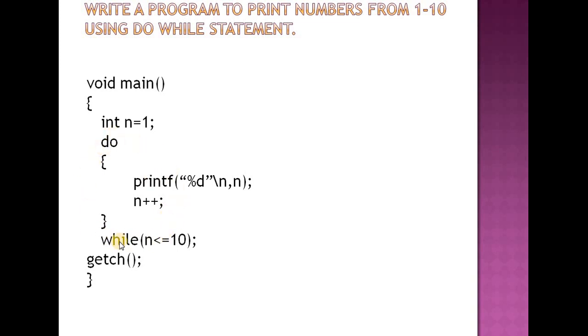This will go on till the value of n becomes 11. Come over here. Is 11 less than or equal to 10? No. That is false. The loop will get terminated and come to the next statement, getch, and end of the program. So with the help of this program, we will be able to print numbers from 1 to 10.